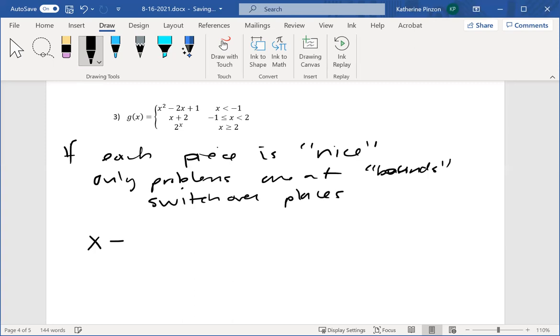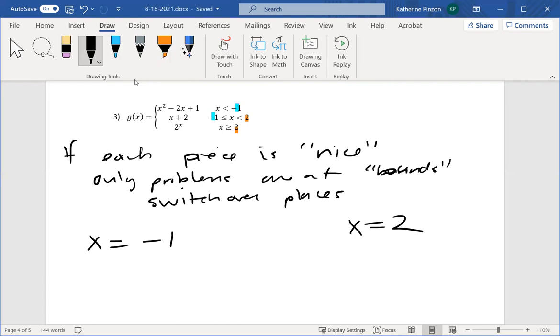So in this case, x equals -1 and x equals 2 are the 2 places where we might have a problem, okay? Because when I use -1, I'm switching from the top function to the second function. When I use 2, I'm switching from the second function to the third function.